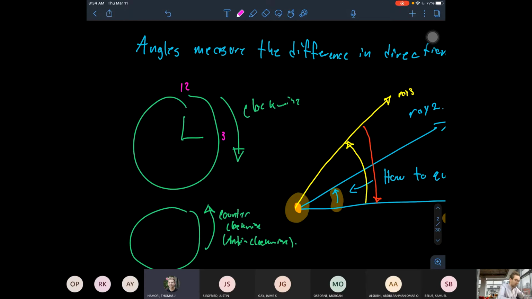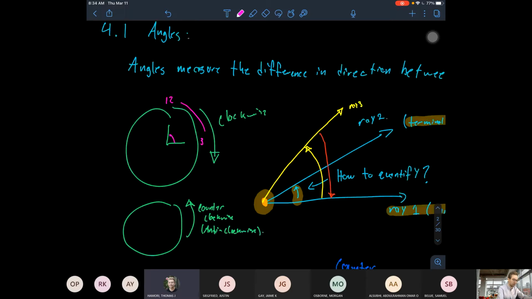So the difference between them would be like 3 hours, right? You could measure this angle as 3 hours if you want, or as 45 degrees, or as pi over 4 radians. All just different ways of explaining the difference in direction between two rays, where we're taking our minute hand and our hour hand to be the rays here.